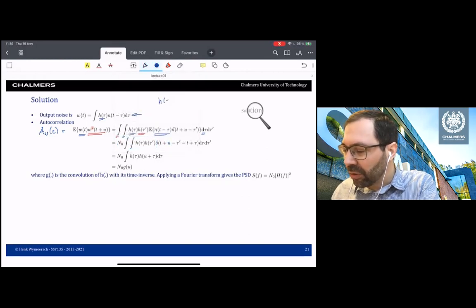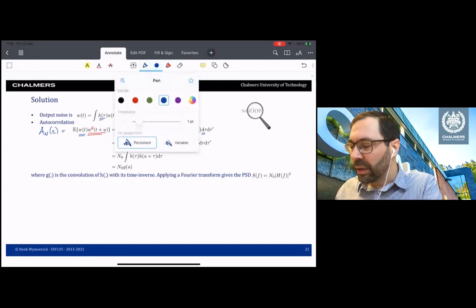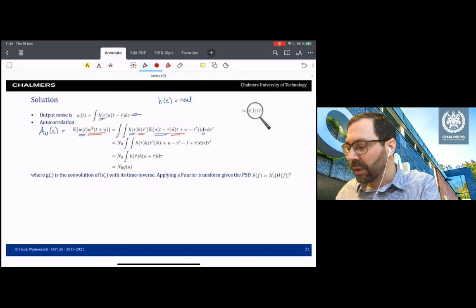Let's say that h of tau is real. Otherwise, there should be a complex conjugate here, but I'm not going to do that for now. Anyway, there's a complex conjugate here with the noise. And then we have the expectation operator, and the expectation operator is linear, so we can push it through and we just have it here.